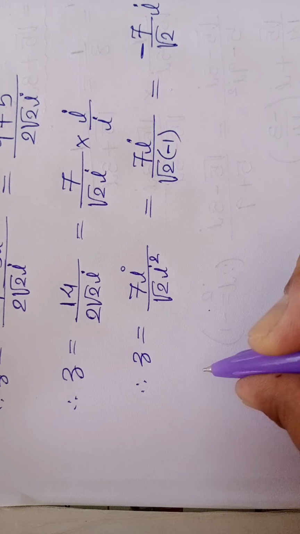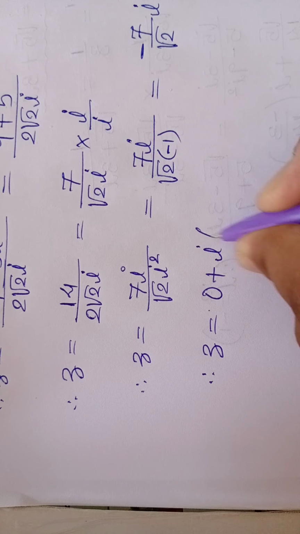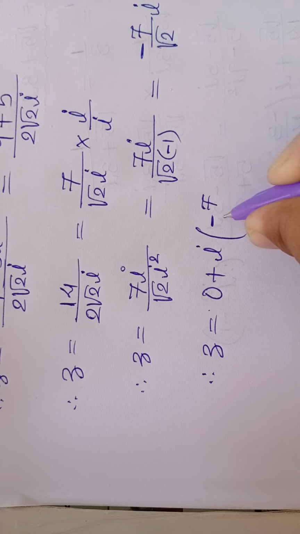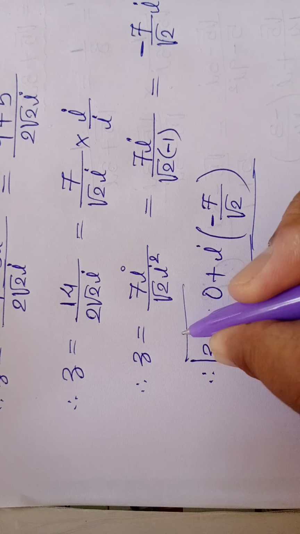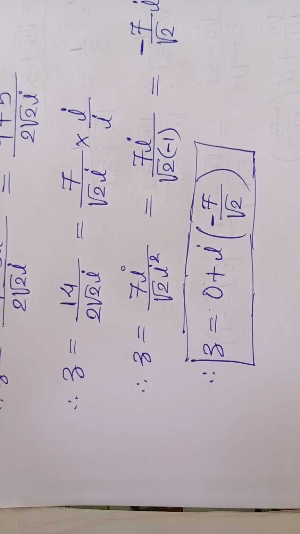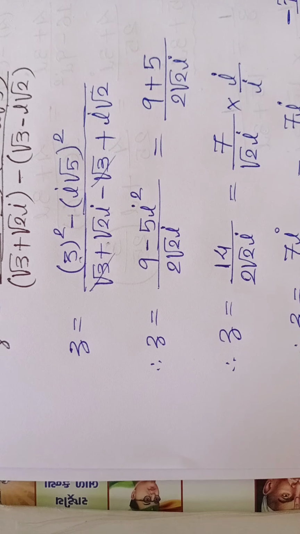What is this? Do you know that this can be written as a plus ib, like this? a plus ib means 0 plus i times minus 7 by root 2. So this is the expression in a plus ib form. So a complex number can be written in the form of a plus ib.